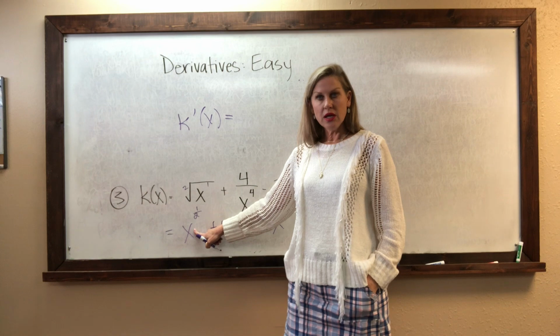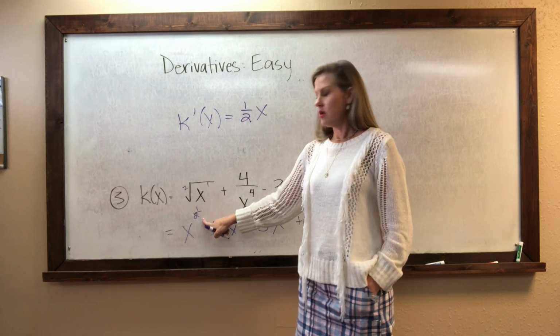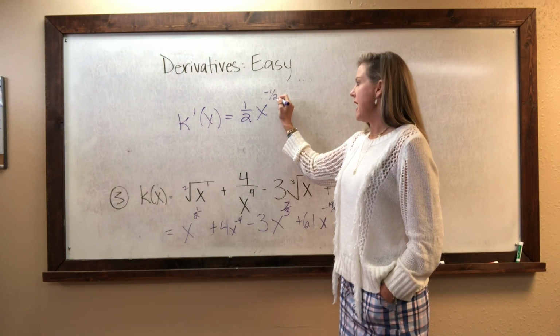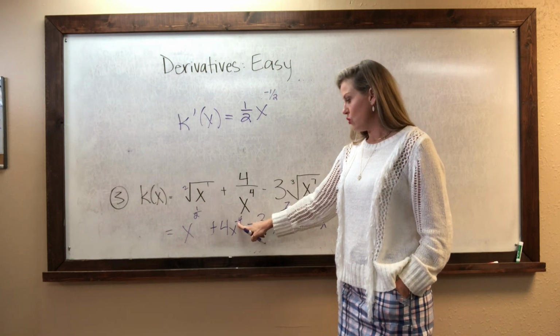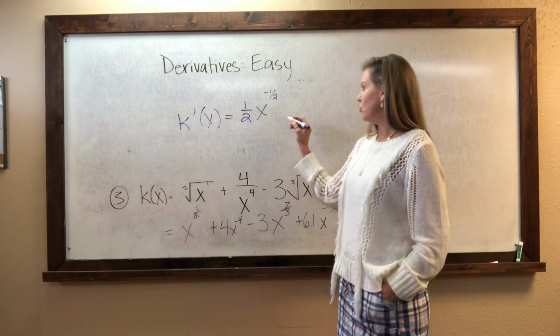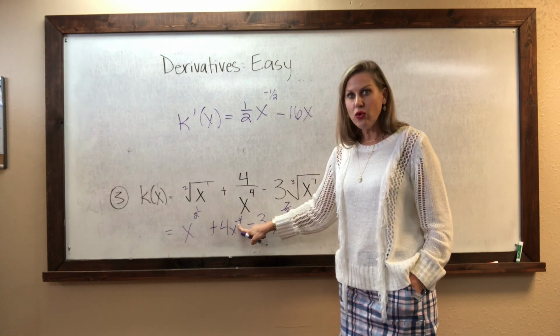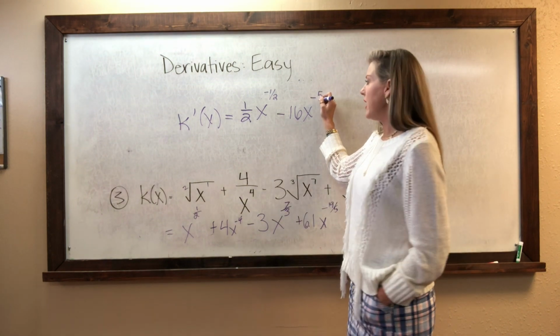So here, I drop my 1/2 down. 1/2 minus 1 is negative 1/2. Here, I drop the negative 4 down. Negative 4 times positive 4 is negative 16. Negative 4 minus 1 is negative 5.